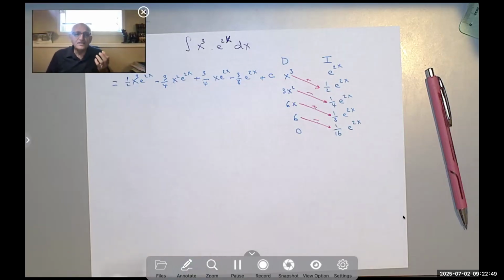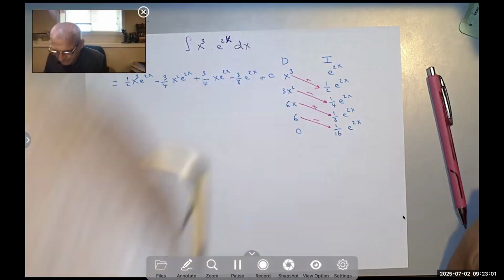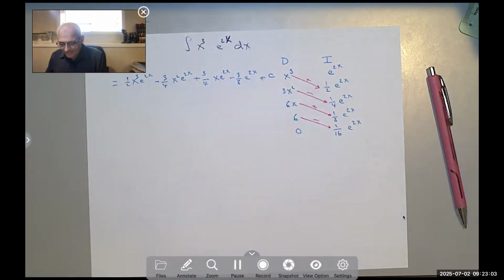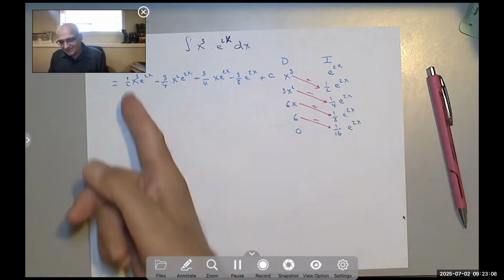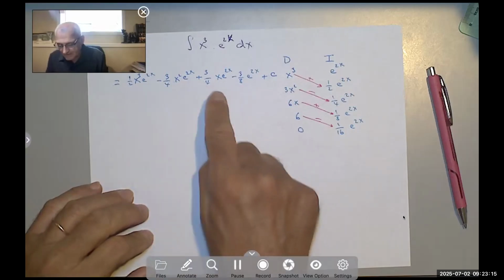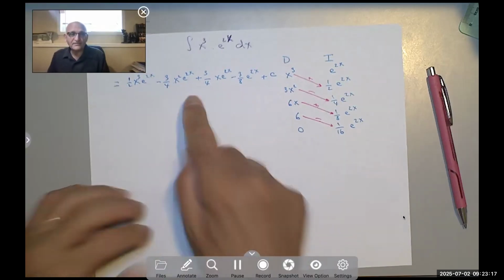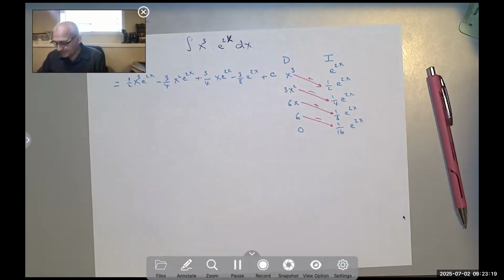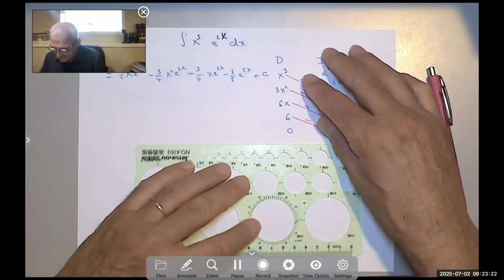Plus, the potential of making a sign error when you subtract a negative term, and some people forget to do that, and you get the whole thing incorrect. Of course, if you have time, which defeats the purpose, you can take the derivative of this function and see if you get the actual answer. Notice that some of them are products, so you have to apply the product rule. Okay, so that's another one.